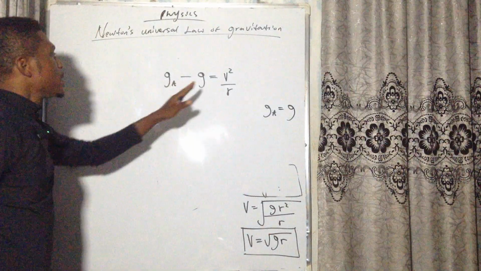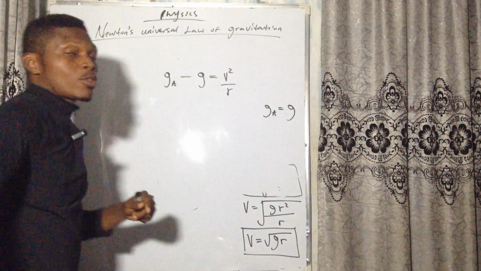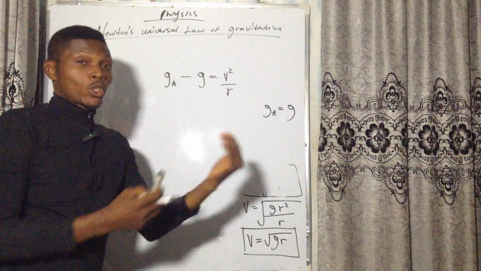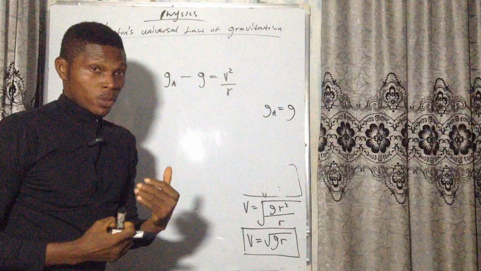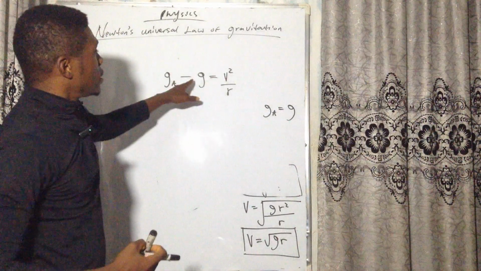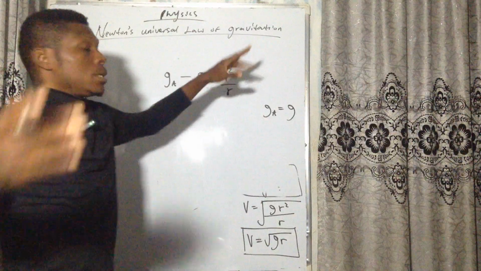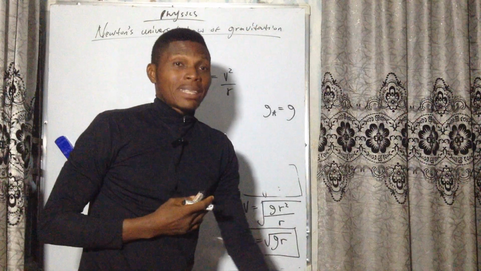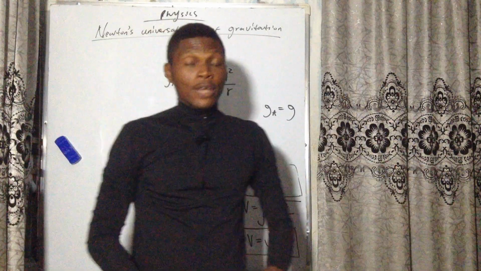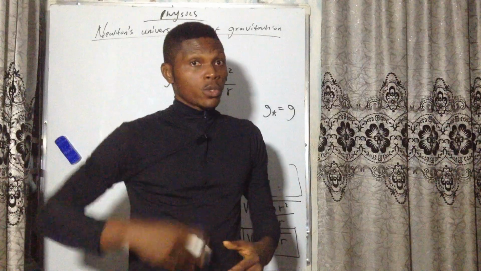With this equation, you now understand that because our planet is rotating, part of its gravitational acceleration or gravitational force is being used as a centripetal force. As you are standing on Earth now, you have a centripetal force on you because the planet is rotating.